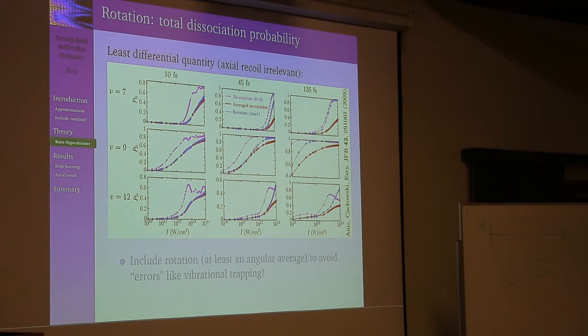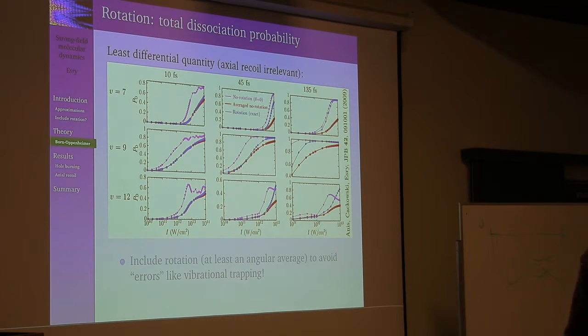And if you make a little more sophisticated version of that model, in other words, you take the axis to be fixed, but not just along the polarization, but at every angle, and then average over all of those to represent the initial isotropic distribution, that is the red one. It's the average of the no rotation. I'll explain that just after I answer the question.